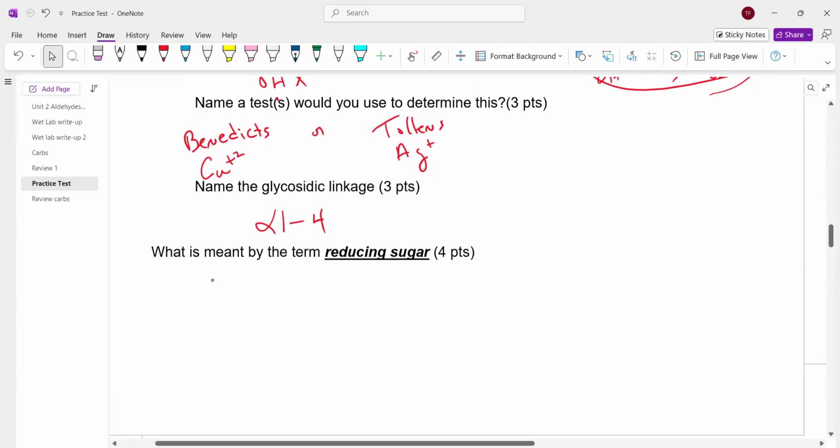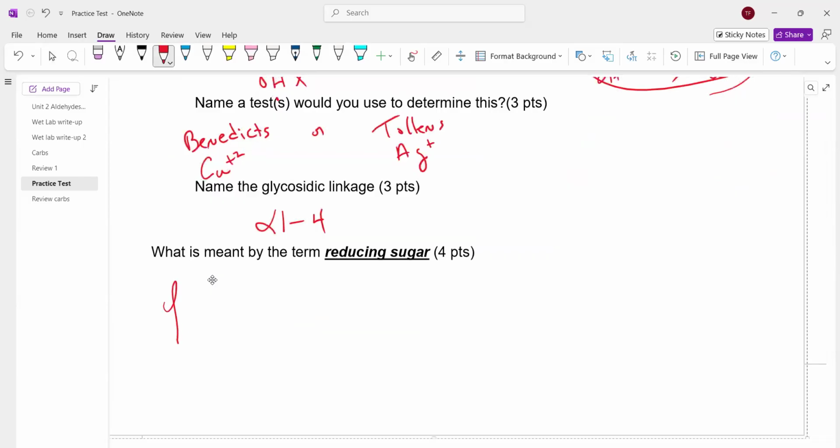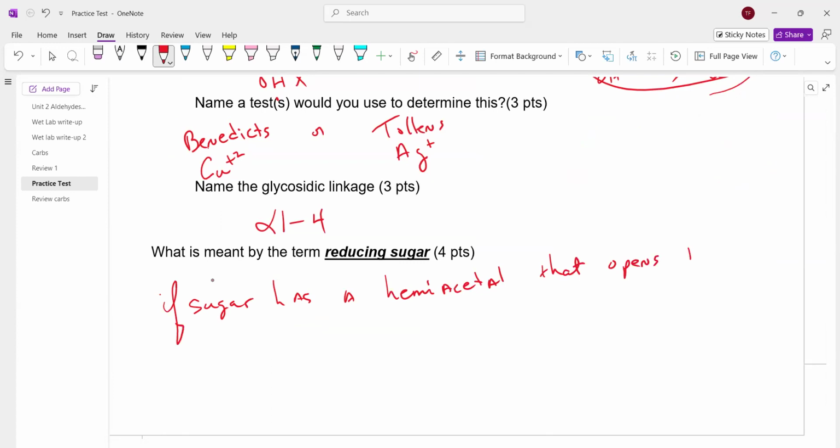Okay, what is meant by the term reducing sugar? That is when a sugar has a hemiacetal that opens to an aldehyde, it can be oxidized.